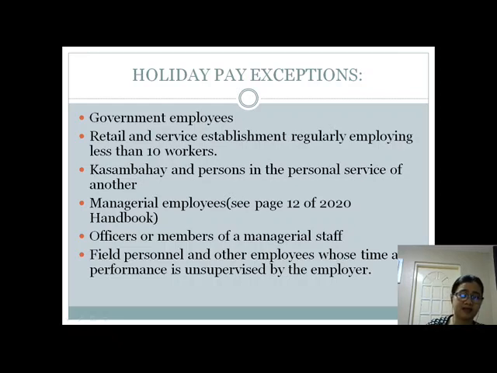And of course, lastly, the field personnel and other employees whose time and performance is unsupervised by the employer. So these are the different kinds of workers who are not entitled to receive holiday pay.